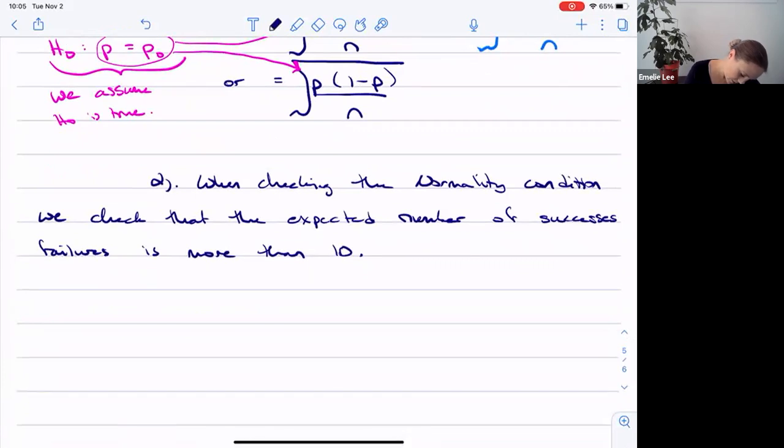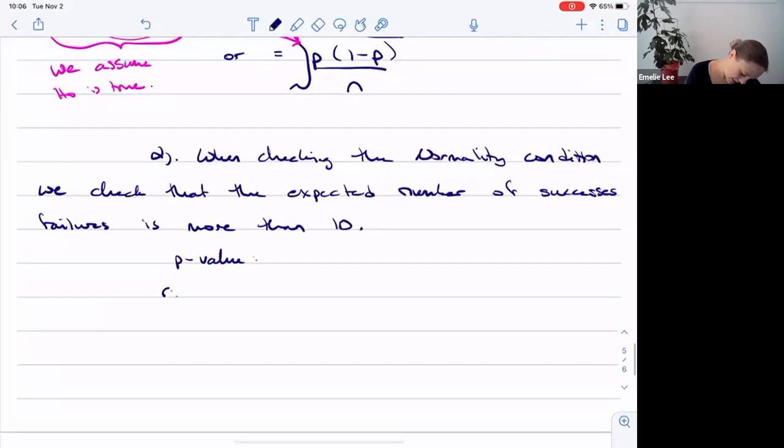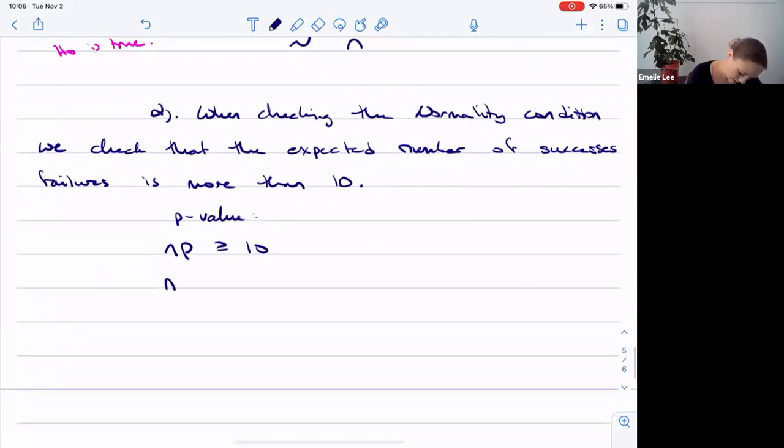so for the p-value approach, we have to check that n times, oh, it's really annoying. N times p has to be greater than or equal to 10, and n times 1 minus p.